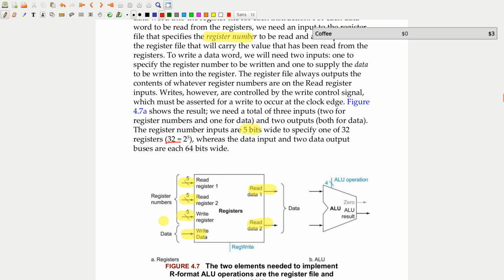In order to represent 0 to 31, which is 32 different values, we need 2 to the 5th. So we need 5 bits: 1, 2, 3, 4, 5.